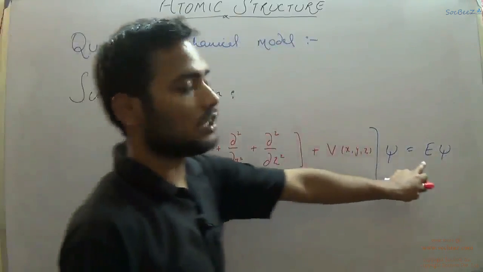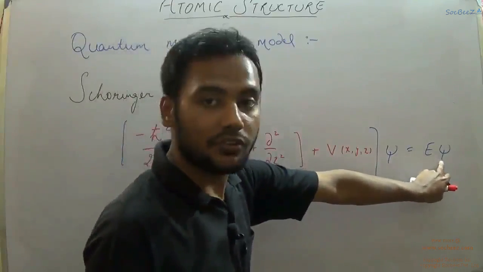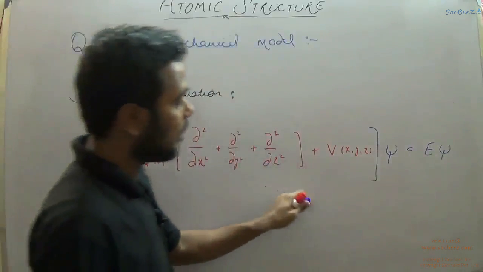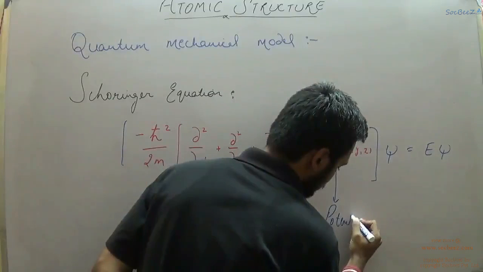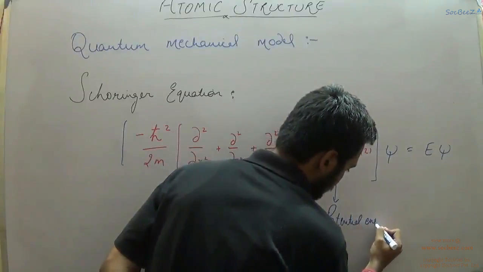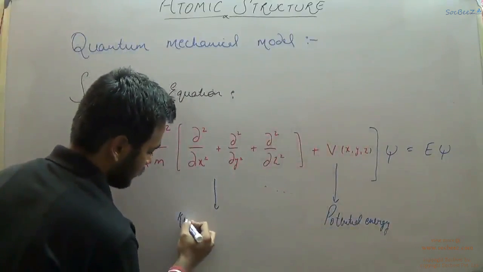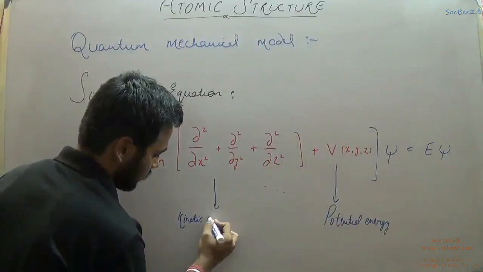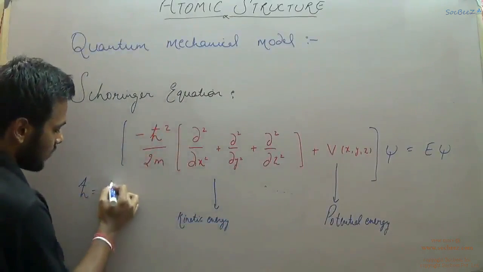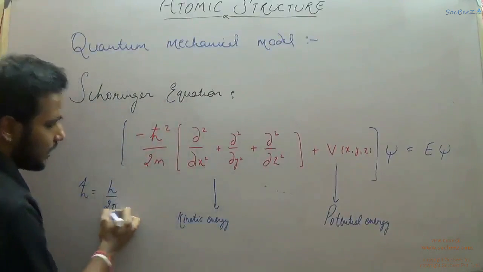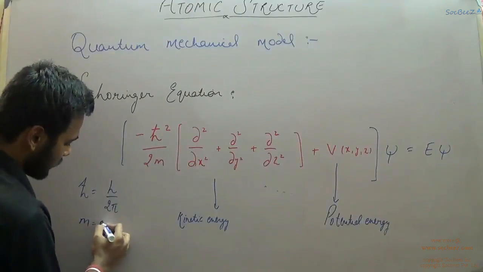Okay, where E is the total energy of an electron, and psi is the wave function. This is Hamiltonian. And now this is the potential energy. And this particular thing is the kinetic energy. H cross is nothing but H upon 2 pi. Okay? And m is mass of an electron.